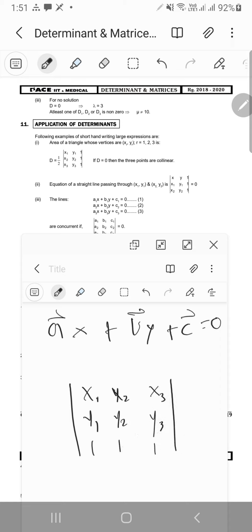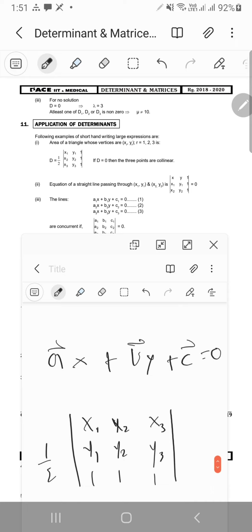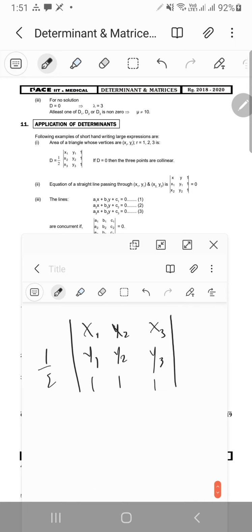The volume between these vectors, that is just, yeah, that's the thing. Not bad. This is a nice way of representing it, but still it's not useful. So you're just considering 3 vectors: x1, y1, 1, x2, y2, 1, and x3, y3, 1, right? And you're finding the volume enclosed by these 3 vectors.